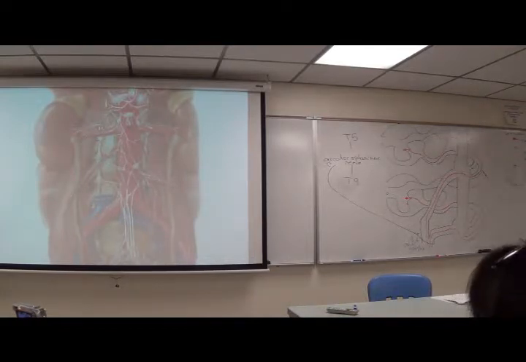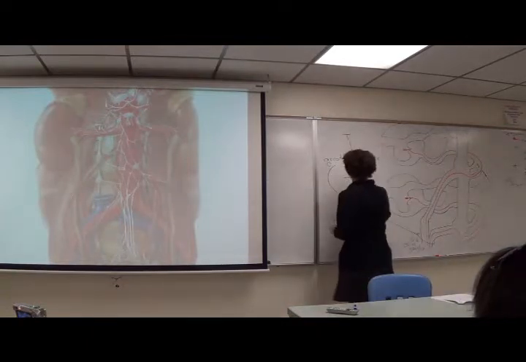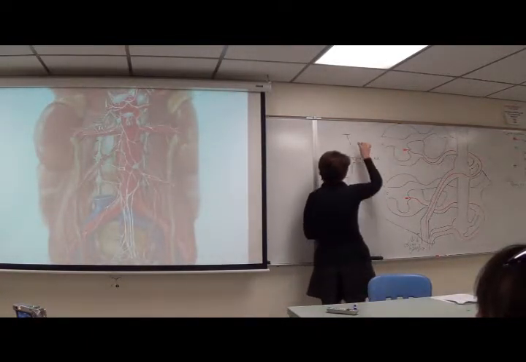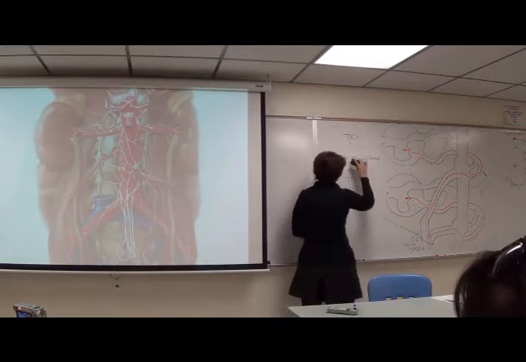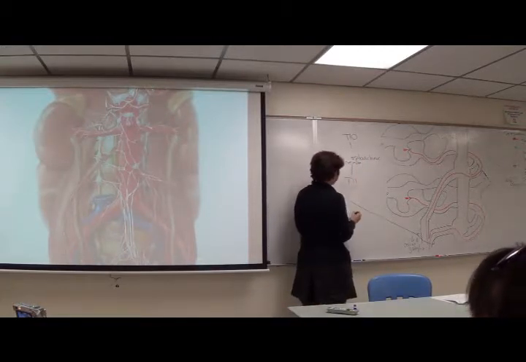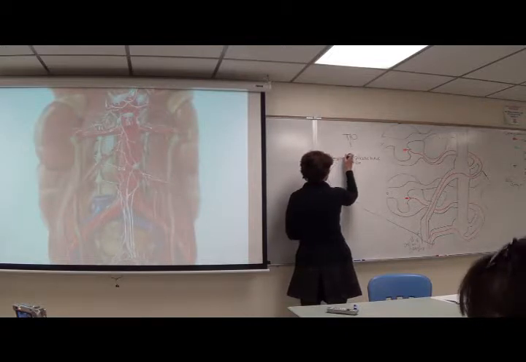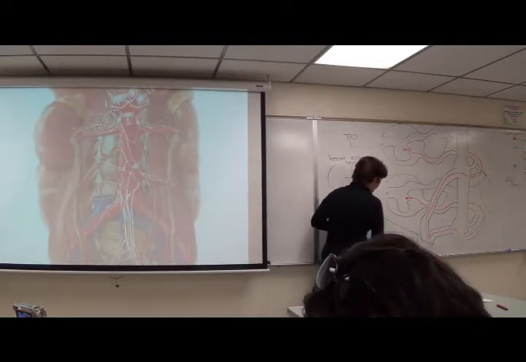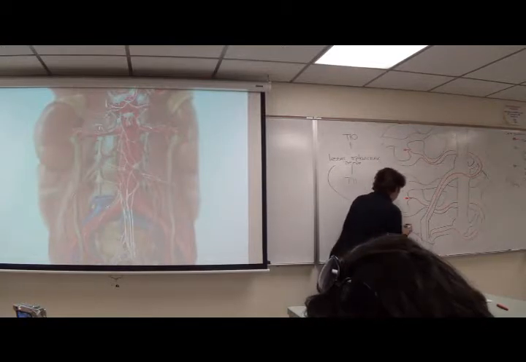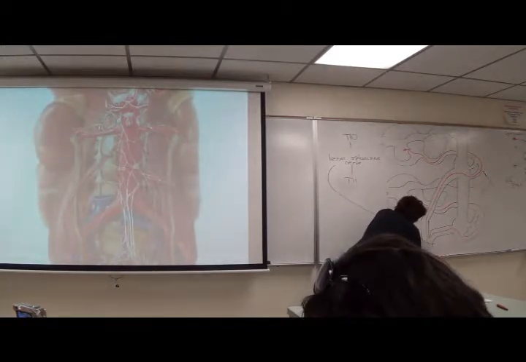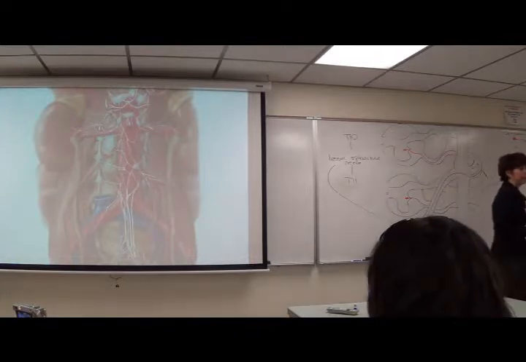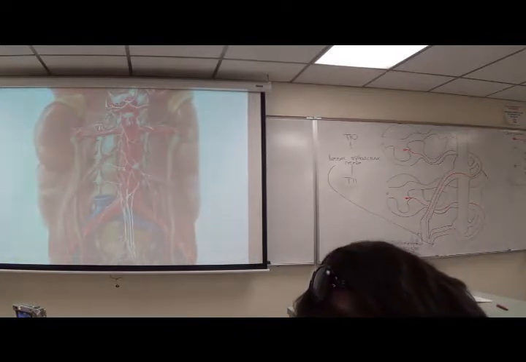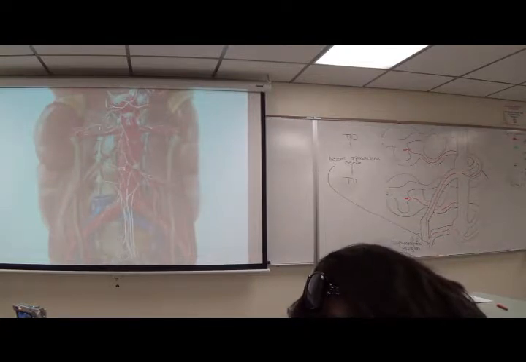Now if we change these to T10 and T11, this would be the lesser splanchnic, and it would be going to the superior mesenteric ganglion. I'm not going to take a picture of that because all I did was change the labels. But then we would have a separate nerve.